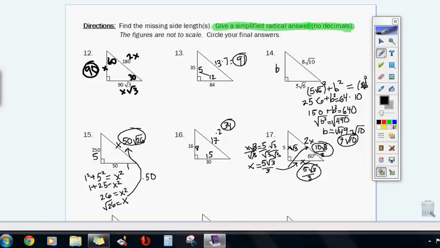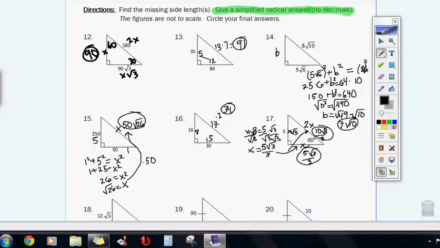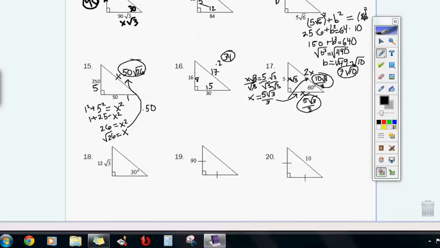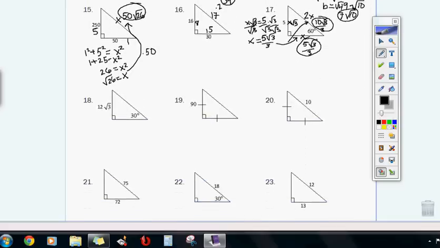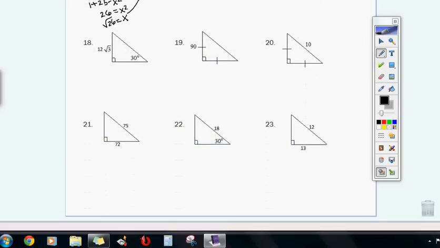Okay, we're going to move down here and conclude this first video, this first page that we're doing here with the rest of these. So here, opposite the 30, these are actually really nice. Opposite the 30 is my x value, right? So opposite the 60 would be my x root 3. Opposite the 90 would be 2x.